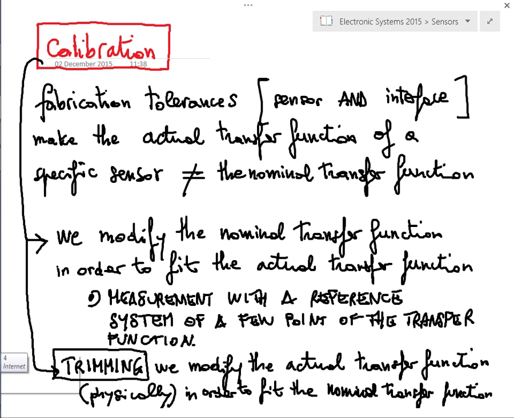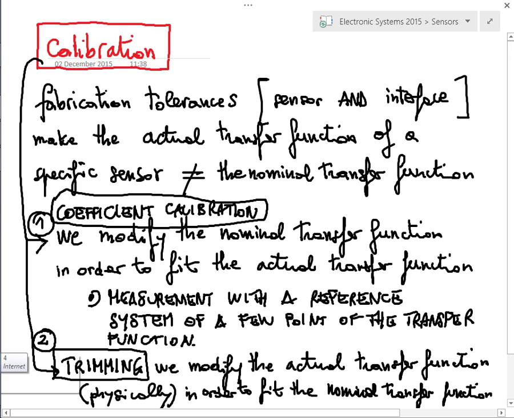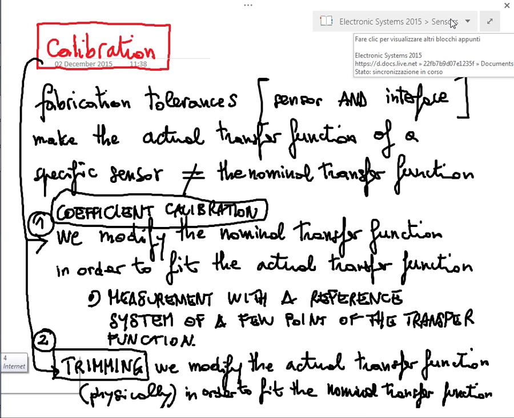So, 1 and 2. The first is a modification of the coefficient, just to put a different name, coefficient calibration. And then the other type of calibration, we call it trimming.